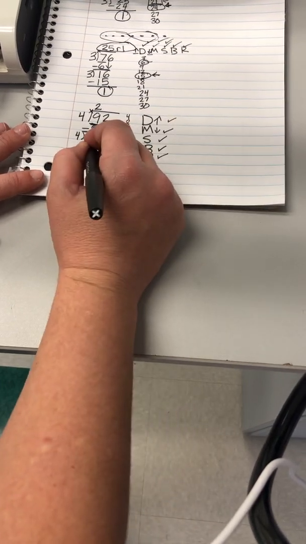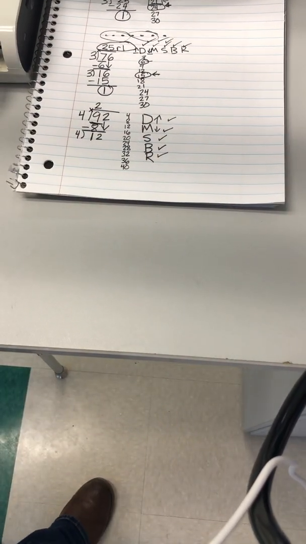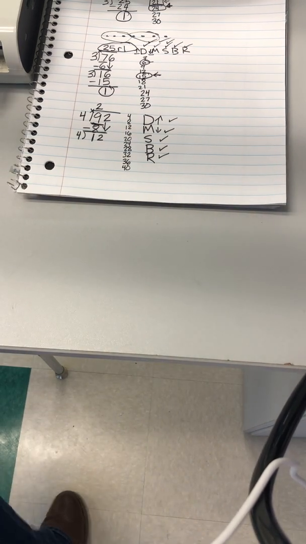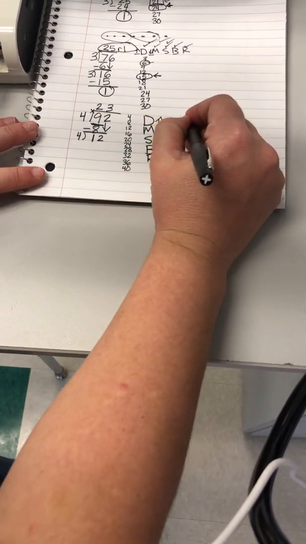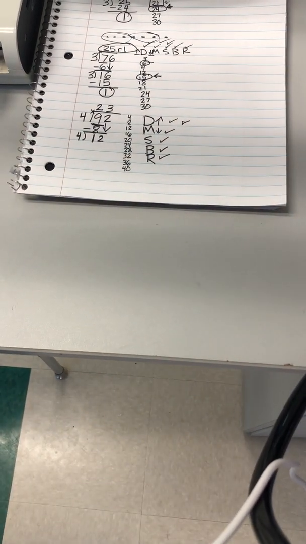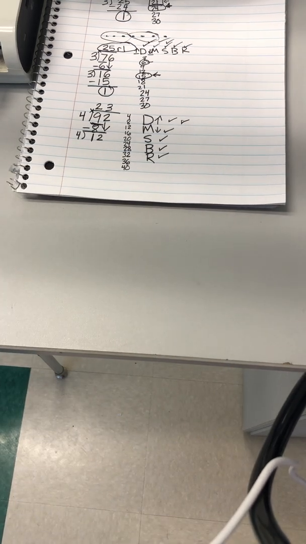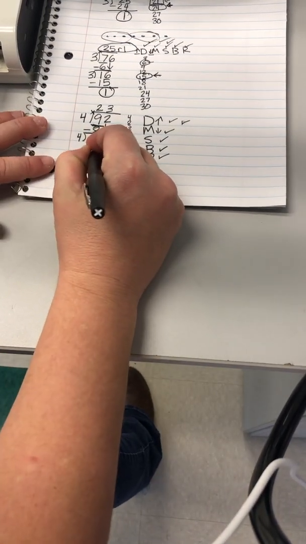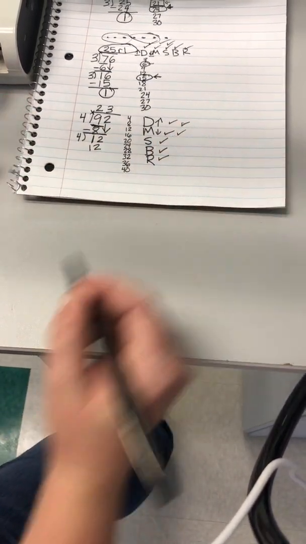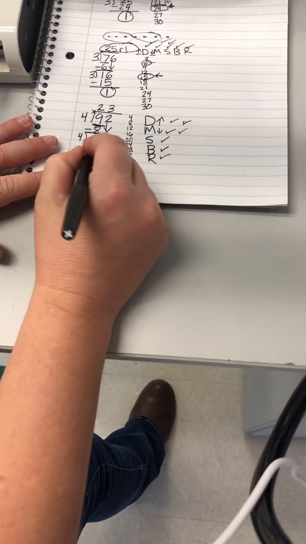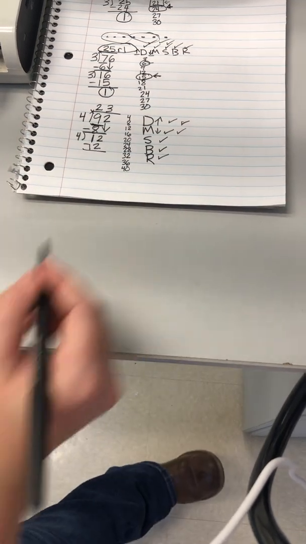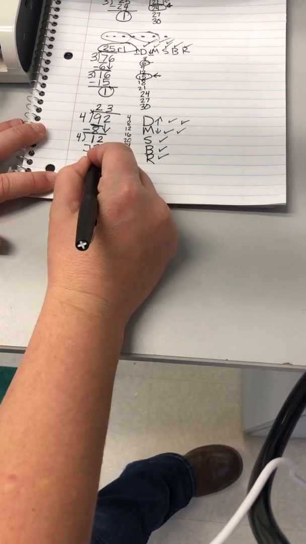Divide. Now I say 12 divided by 4 is? That's 3. So I put my 3 up top. Now I'm going to multiply. 4 times 3 is 12. Then I'm going to subtract. 12 minus 12 is 0.